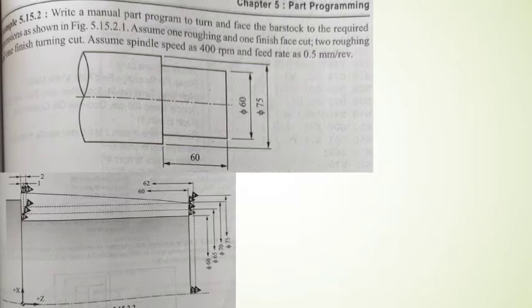Then 4, 5 and 6 will serve as first roughing turning operation, where 6 to 7 is idle movement for tool. So while moving from 6 to 7, tool is not going to remove the material.